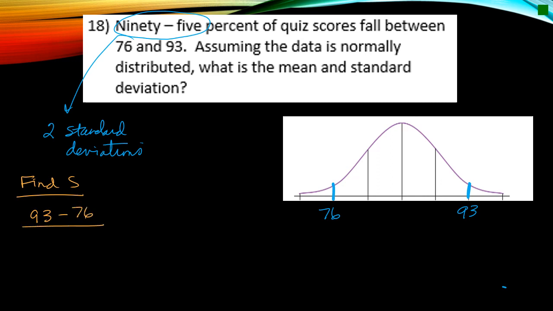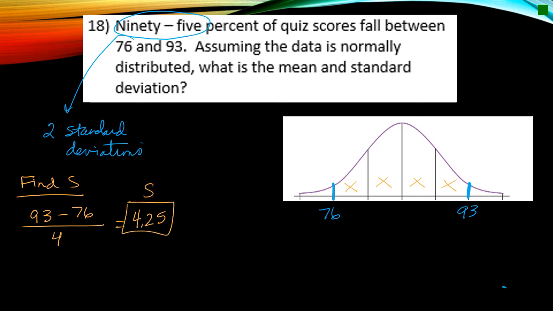And then we're going to divide by how many sections there are in between those blue lines. So here's 1, 2, 3, 4. So 4 sections. And then when you actually do the math here, you come out with a standard deviation of 4.25. So that's half of my answer.